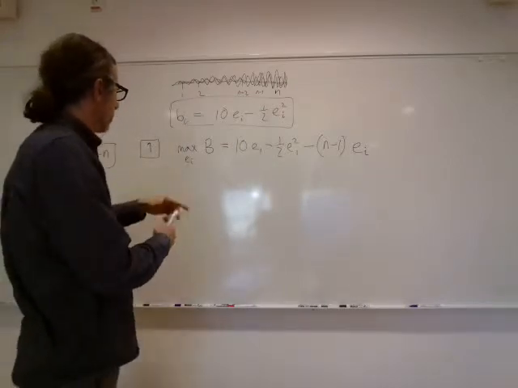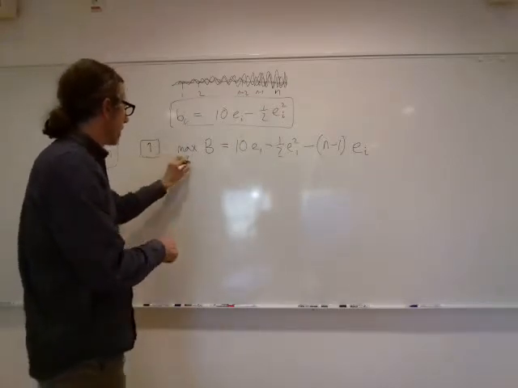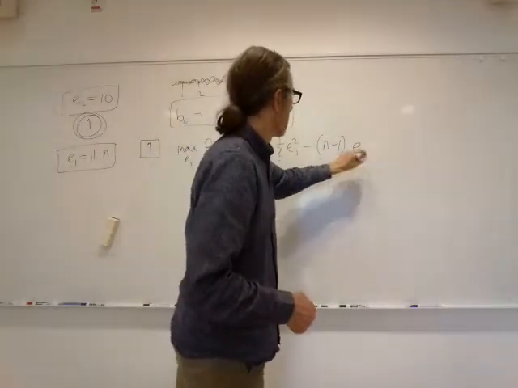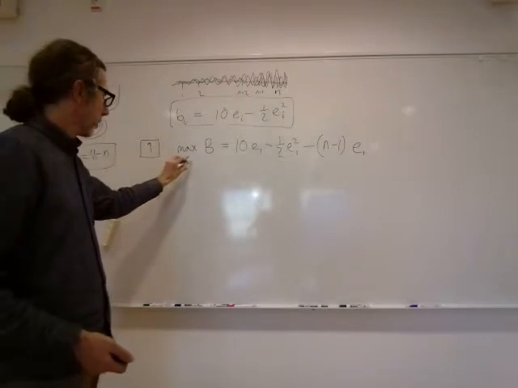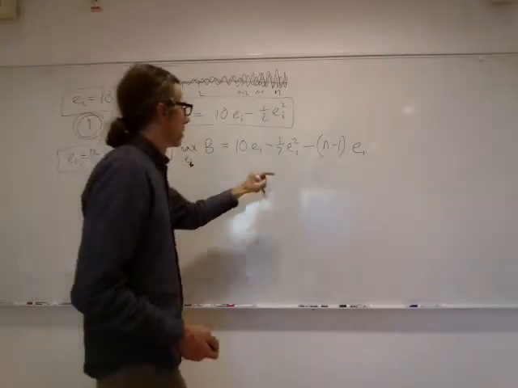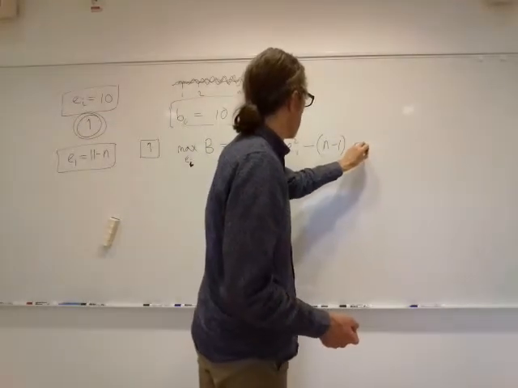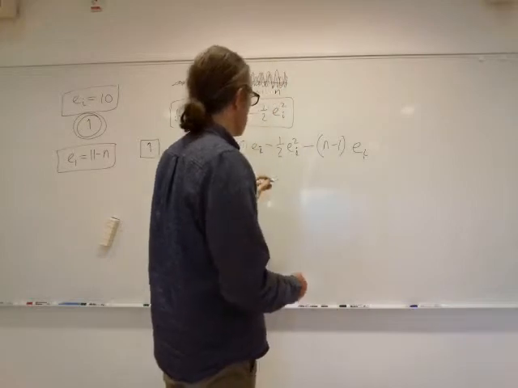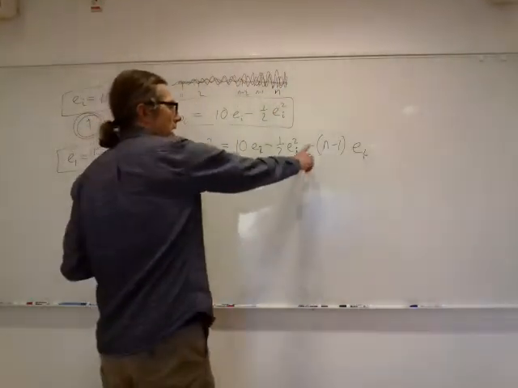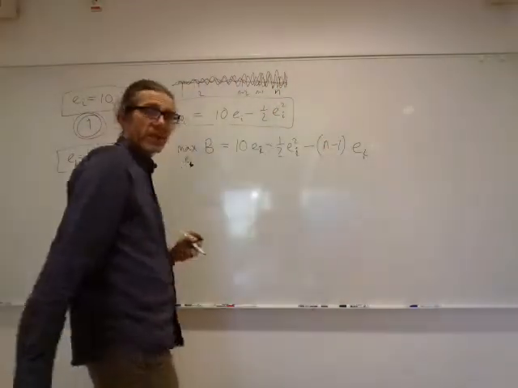So actually, I wrote Ei here, but it should have been E1 and E1, shouldn't it? But what I'm going to do now is actually say, well, what about country i? So far so good, but it's here we need to change things, isn't it?